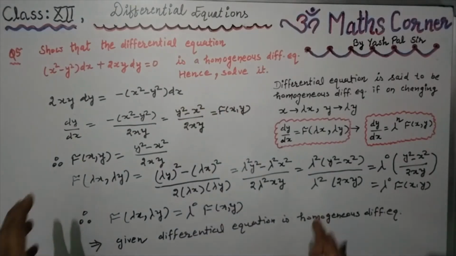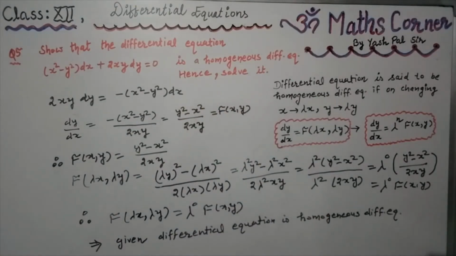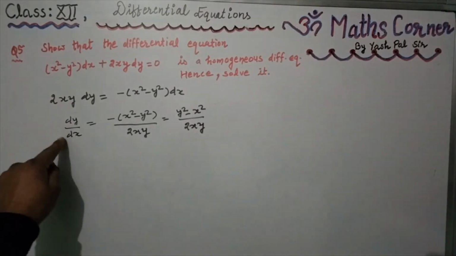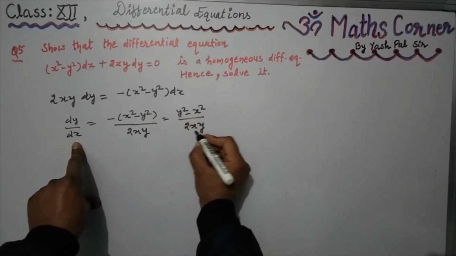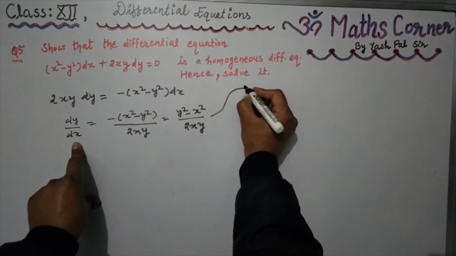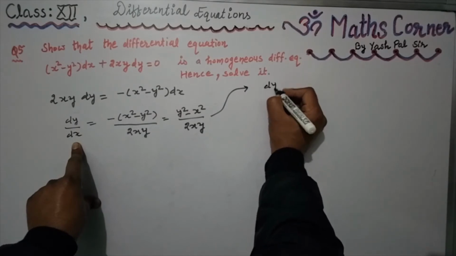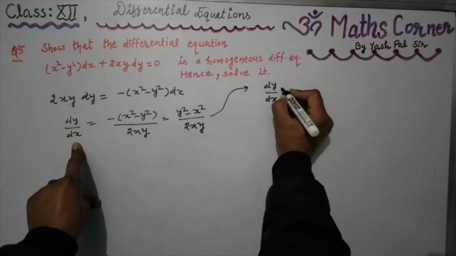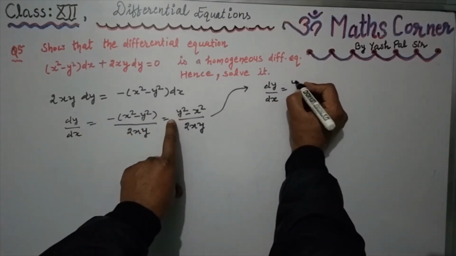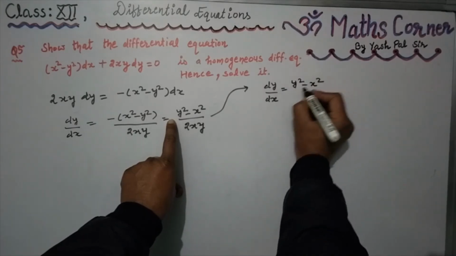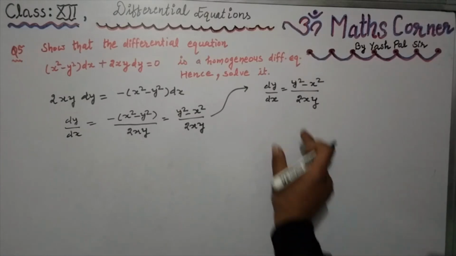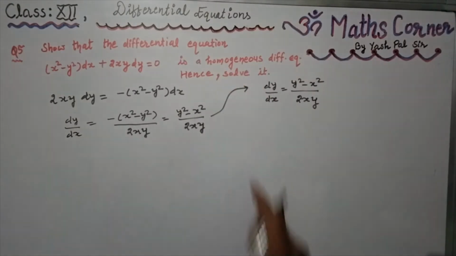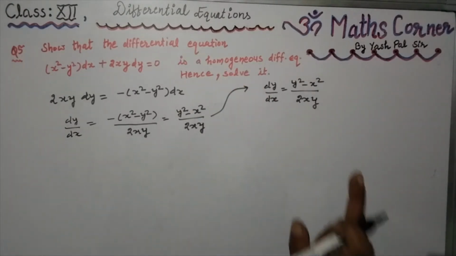First of all, we showed that this is a homogeneous differential equation. Now solve this. If a given differential equation is homogeneous, then there is one rule. Now dy/dx is equal to (y² − x²)/2xy, so in short we write dy/dx equal to minus (x² − y²)/2xy.